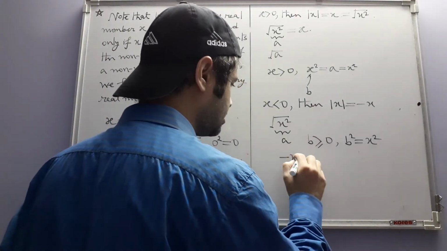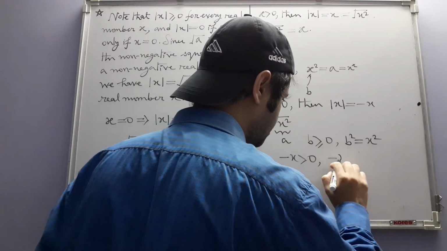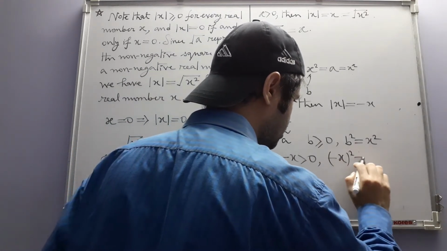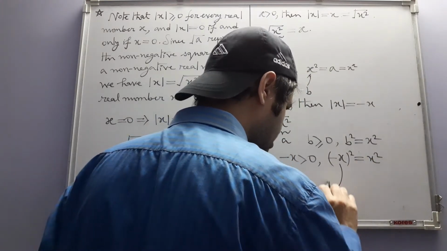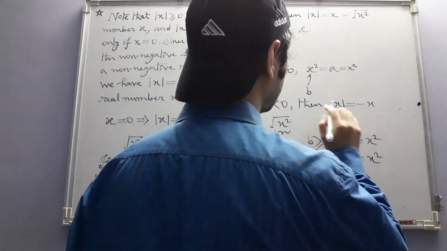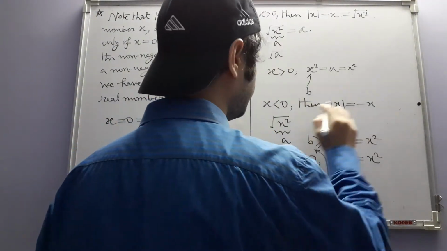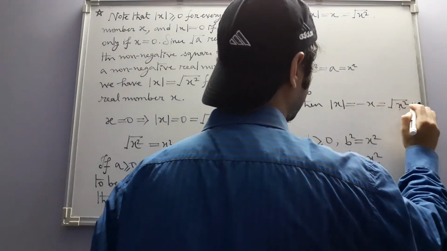Minus x in this case is in fact positive, and at the same time minus x square is equal to x square. So this is a proper value of b, minus x. So according to our definition, this is equal to square root of x square.